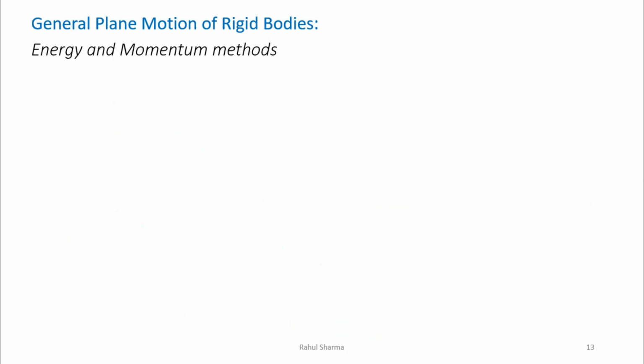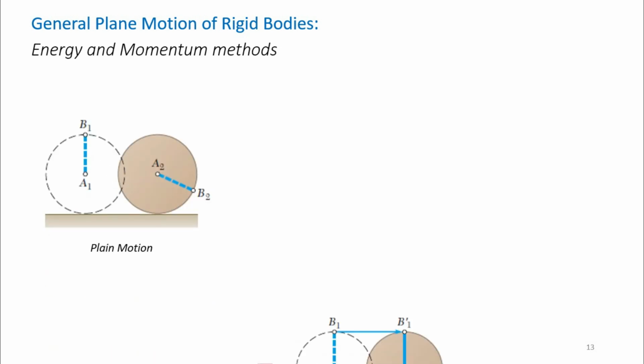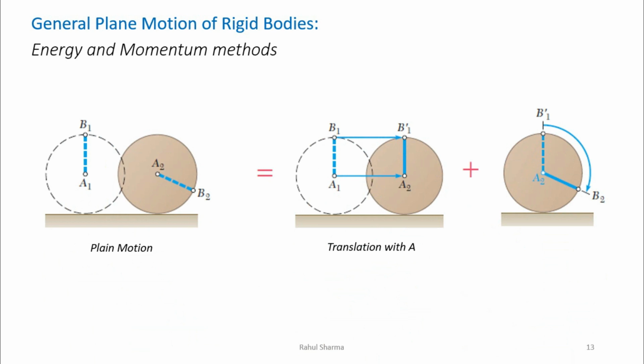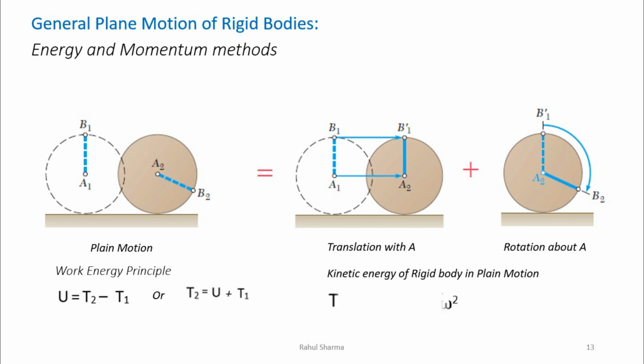Now if I have to find out the energy and momentum in general plane motion, the same work energy principle we can apply. What is that? The work energy principle says that work done is equal to the change in kinetic energy, T2 minus T1, or we can say the final kinetic energy is equal to work done plus initial kinetic energy.